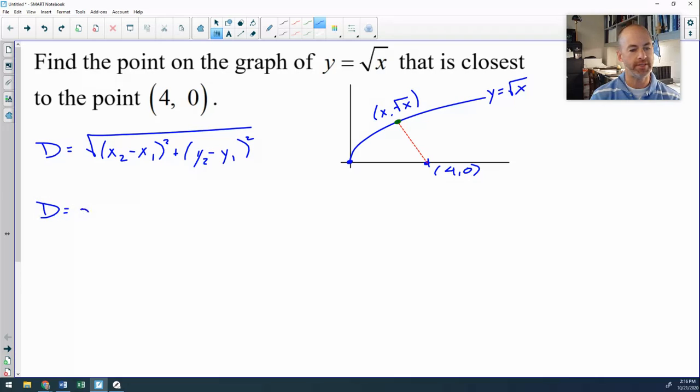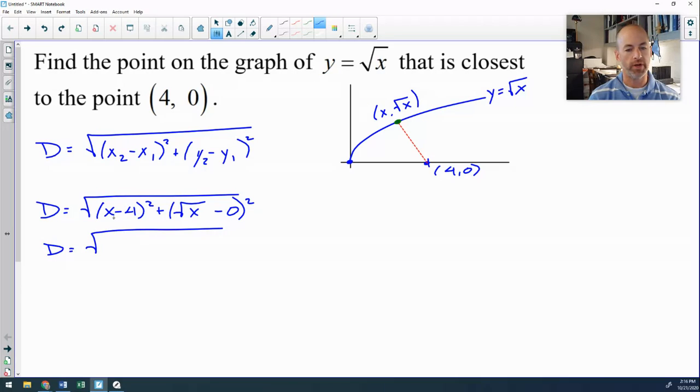So I will have the distance is the square root of (x minus 4) squared plus (square root of x minus 0) squared. And cleaning that up, x minus 4 squared expands to x squared minus 8x plus 16, plus the square root of x squared is just x.